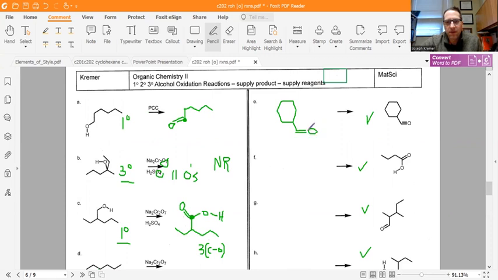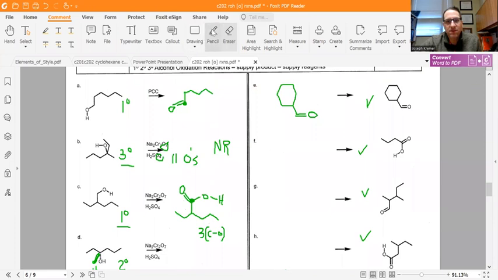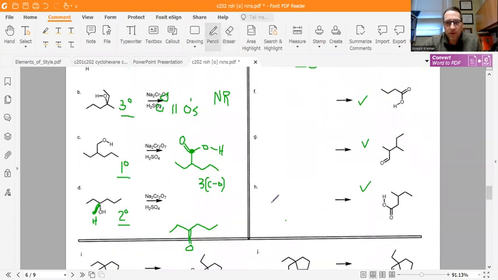So I'm going to do every other one. I'm going to do H because we need to do H. E and H will be representative. For H, do you see that this has 3 carbon oxygen bonds?